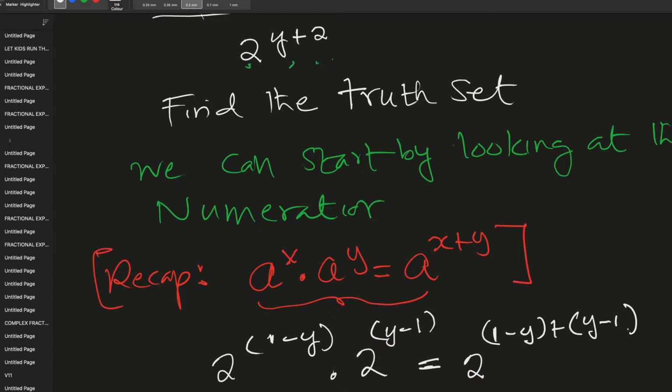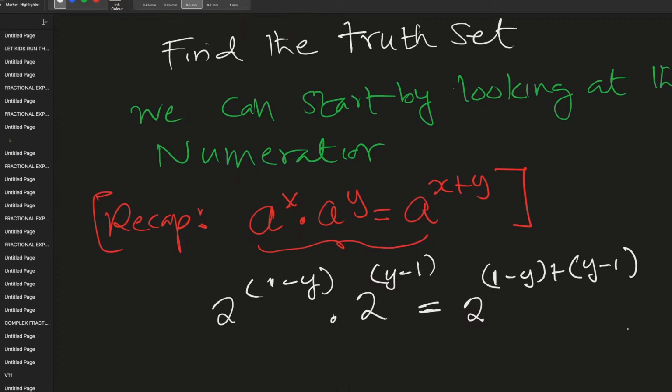Friends, it's becoming so easy. If we look carefully, the 1 cancels the minus 1, and the minus y cancels the y. So eventually the exponent will be equal to 0. This is not anything difficult. So this becomes 2 raised to the power 0.